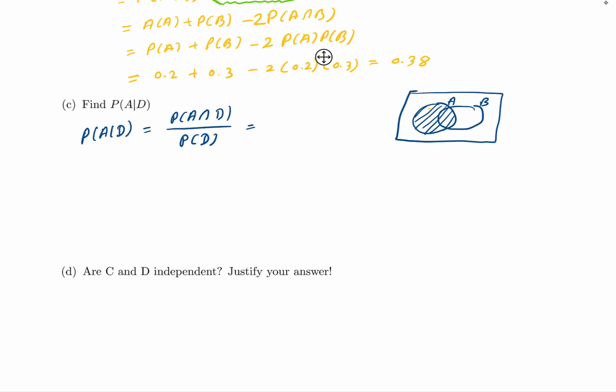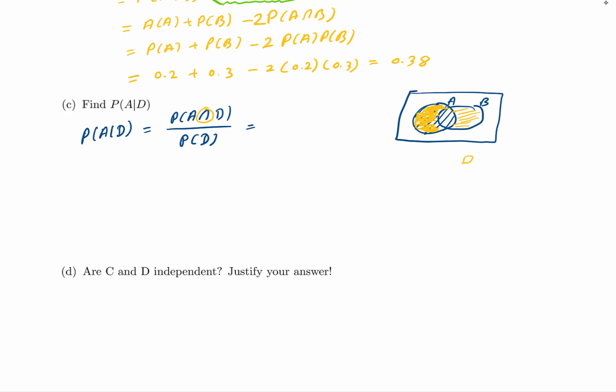Therefore, I will mark this area and this area, that is the D, okay? That is the D. So then we need the intersection, therefore the area with both colors, right? Which is this area. This is the area we need. So how do we get that area?